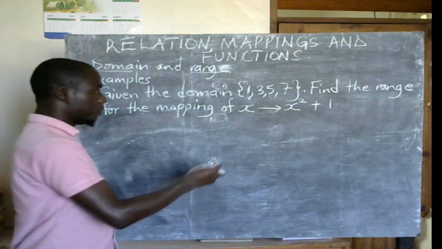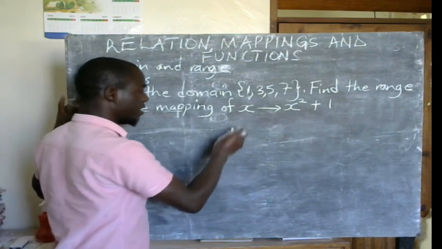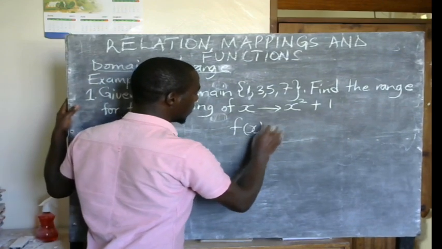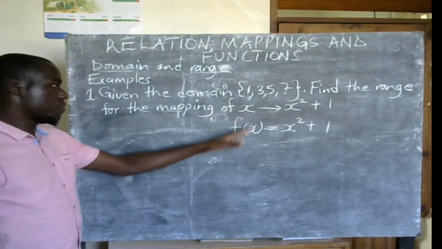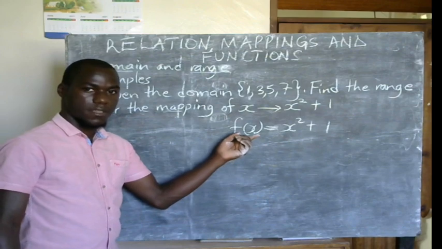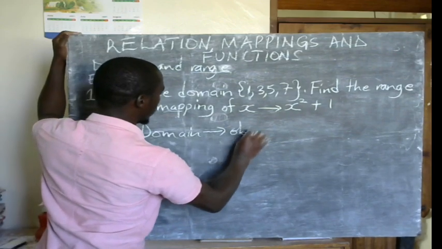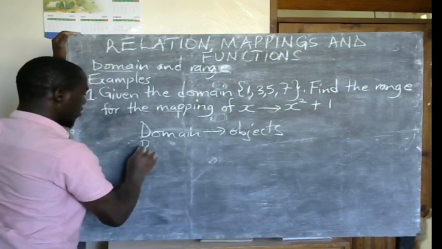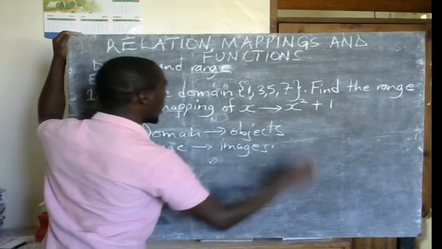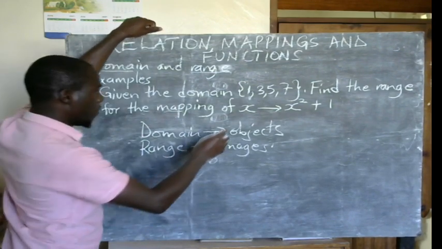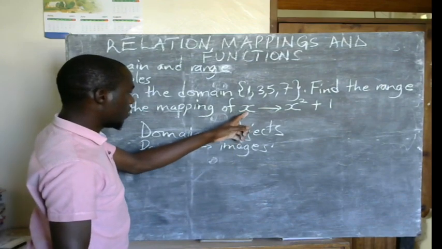So the mapping can be represented like that. It can also be represented as f of x is equal to x squared plus 1. That can also be another representation of a mapping or a function. We say the domain contains objects, and the range is the one that contains the images. We're going to generate the images using the mapping.